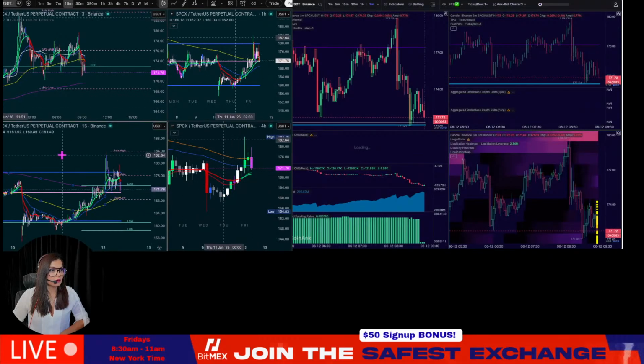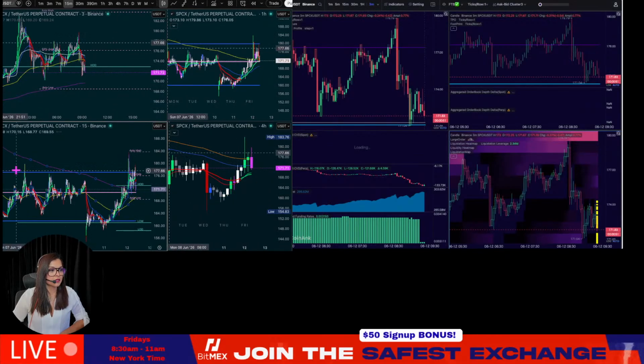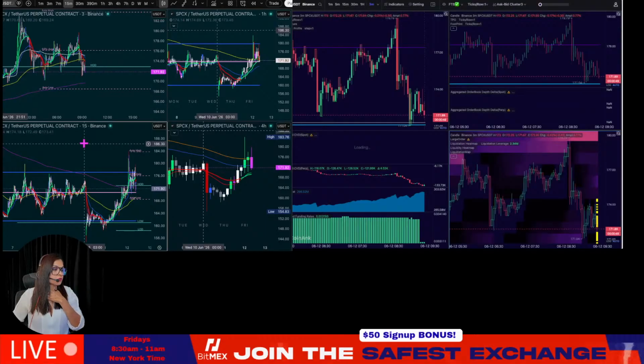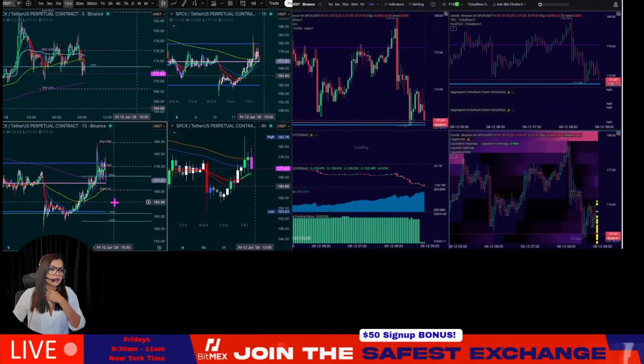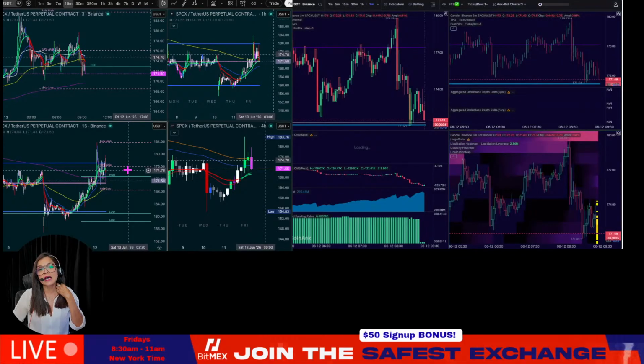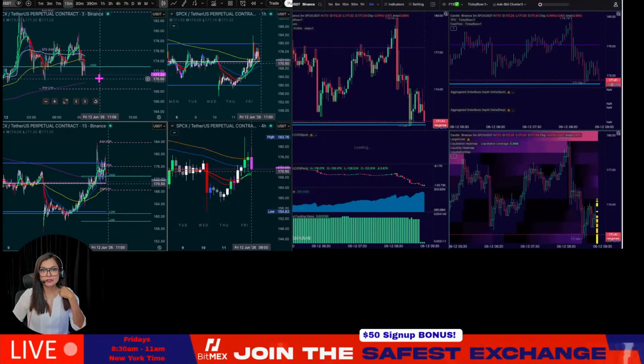Now let's look at the 15-minute. Same thing, I had drawn my fixed range volume profile. So we have the point of control here, value area high, value area low. Then you have the low of last week, LOD, low of yesterday, HOD, high of yesterday, and then the Asia range. Those are the things I use in my trading.